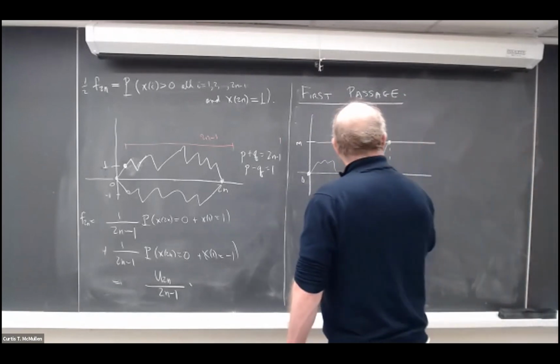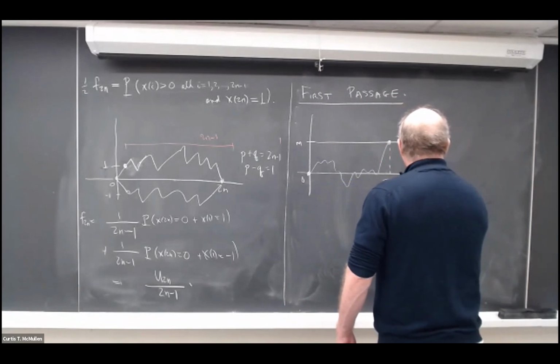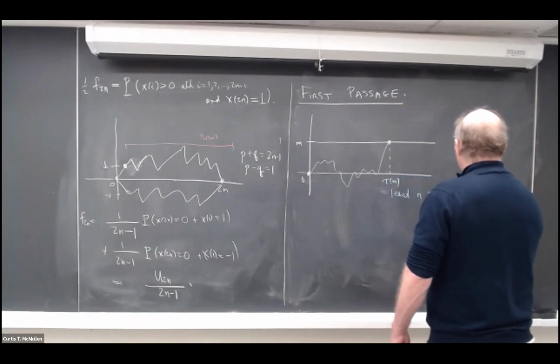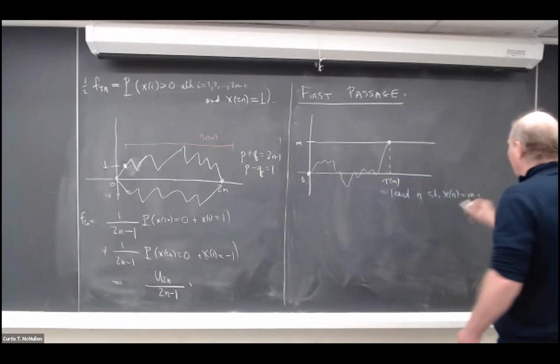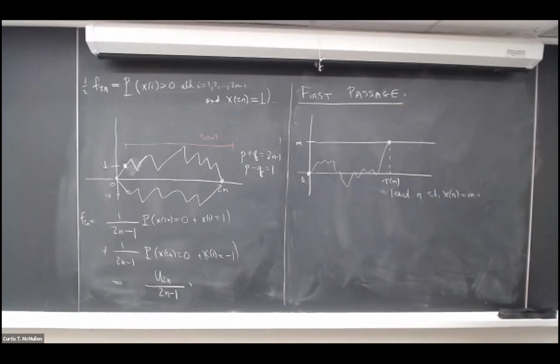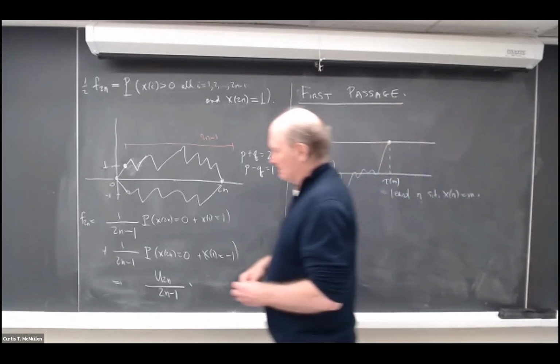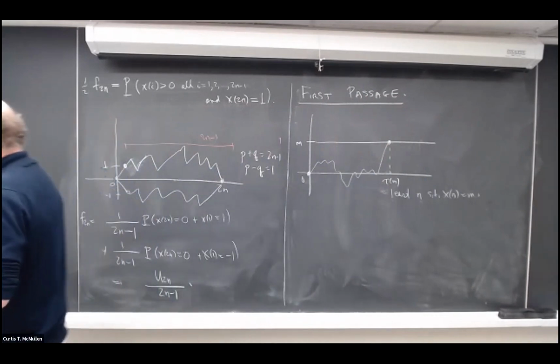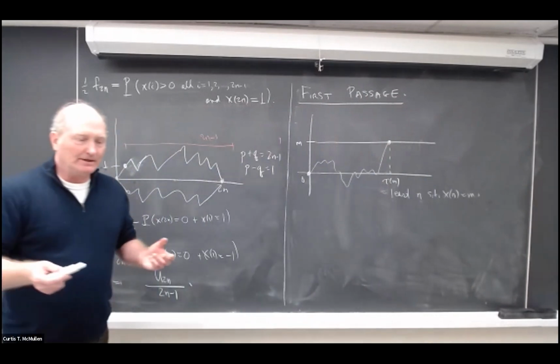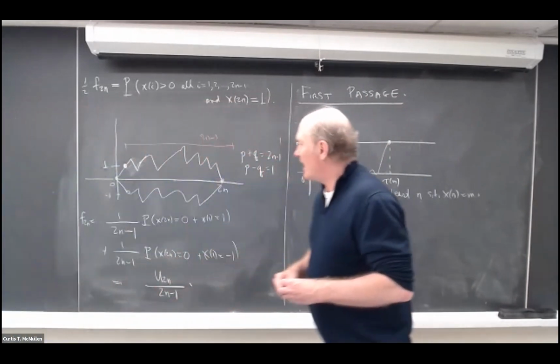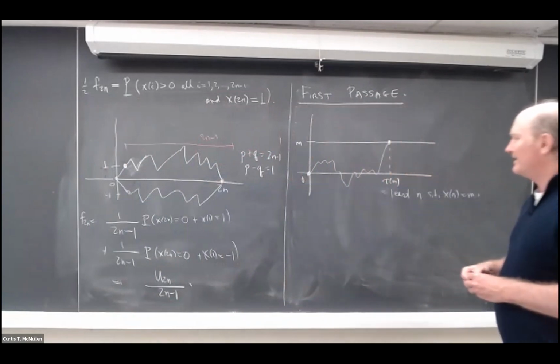So T of m is the least n such that x of n is equal to m. Now, this is a random variable. So the main thing that we'd like to know is how it's distributed.